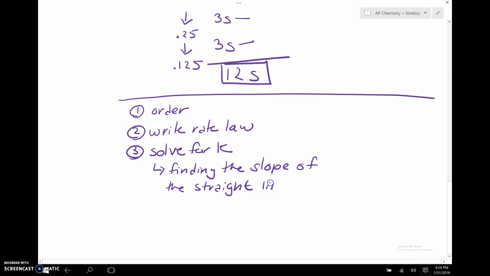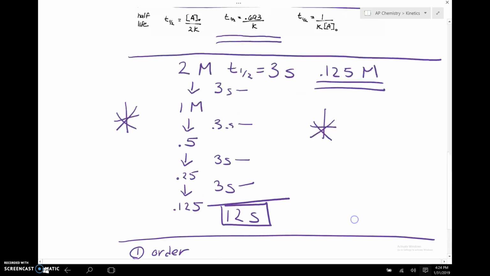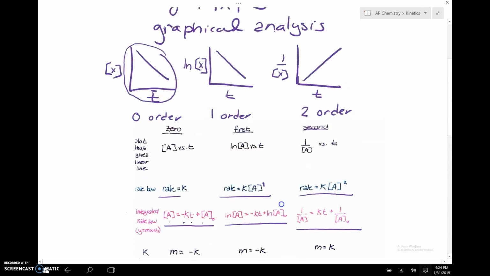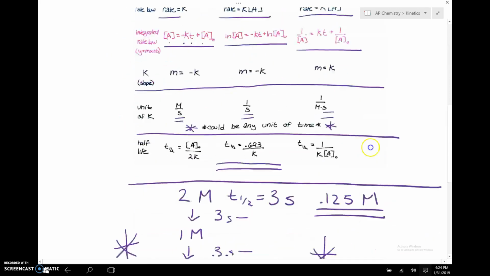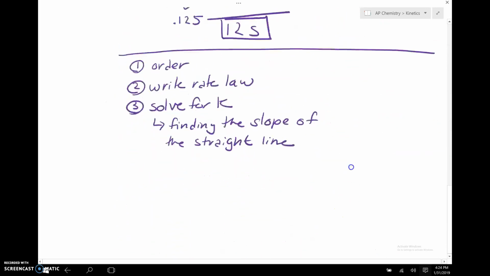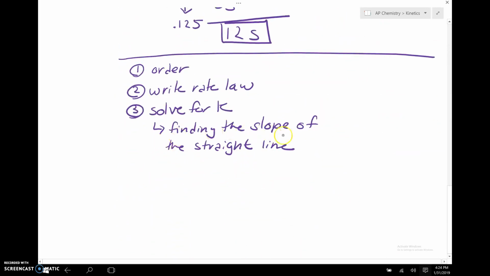Normally, we don't plug into the rate law and solve for K. The way we solve for K is finding the slope of the straight line, and then be sure to remember to think about if you need to throw a negative in front of that slope to make the K value positive. Remember, the K value should always be reported as a positive value. Be sure to specify that. So this is going to be finding the slope of the straight line. Make sure K is positive.